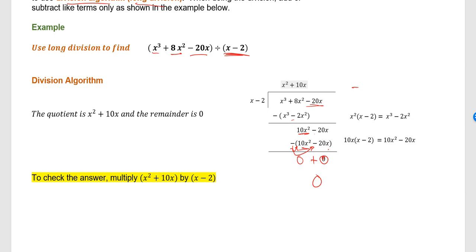Now, since there's no remainder, the remainder is 0, so you have just carried out this division. So x cubed plus 8x squared minus 20x divided by x minus 2 gives me x squared plus 10x, with the remainder 0.